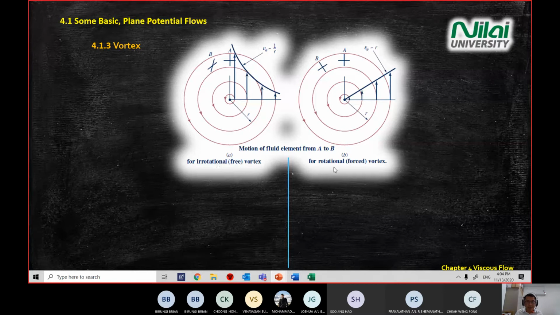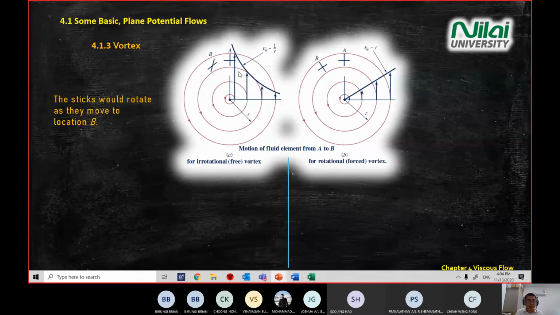On the right-hand side, you have a rotational or forced vortex. So sometimes in the question statement, you will see free vortex or forced vortex. Then you need to draw out or understand how the particles behave inside the domain.